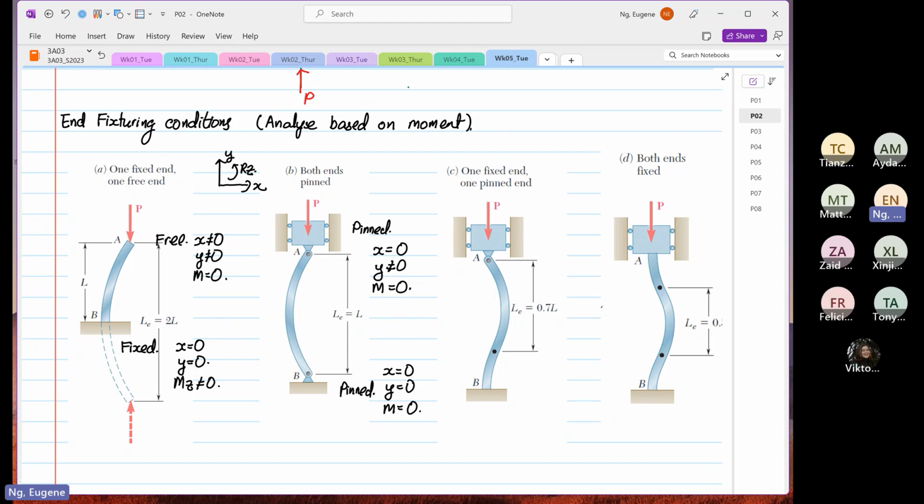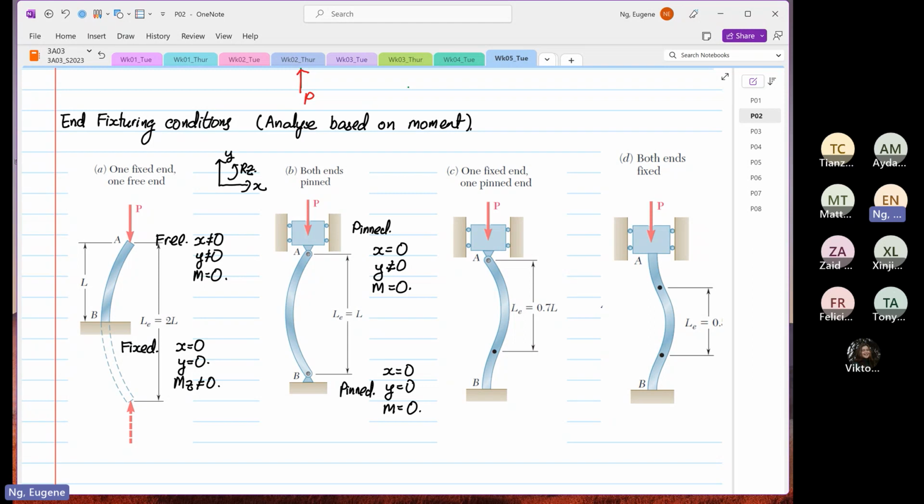When we classify something as pin, one of the displacements, either in x or y, has to be 0. Whereas if you look at free, x is not equal to 0 and y is not equal to 0. The bottom and the top one are pinned, because x is equal to 0 at point A and x is equal to 0 at point B. But at point A, y is not equal to 0 because it can go up and down.